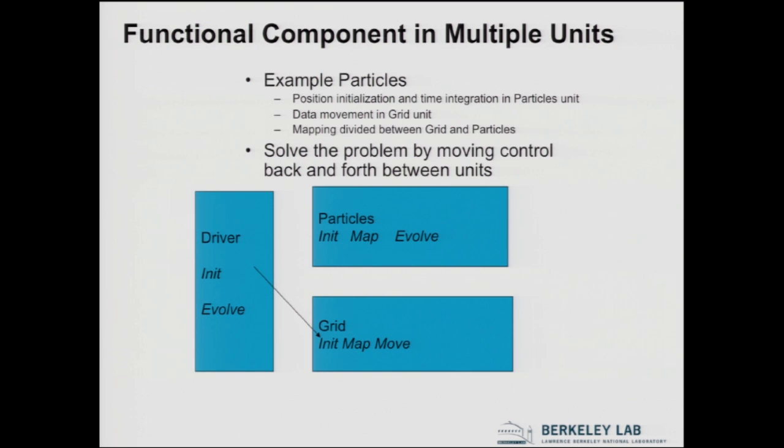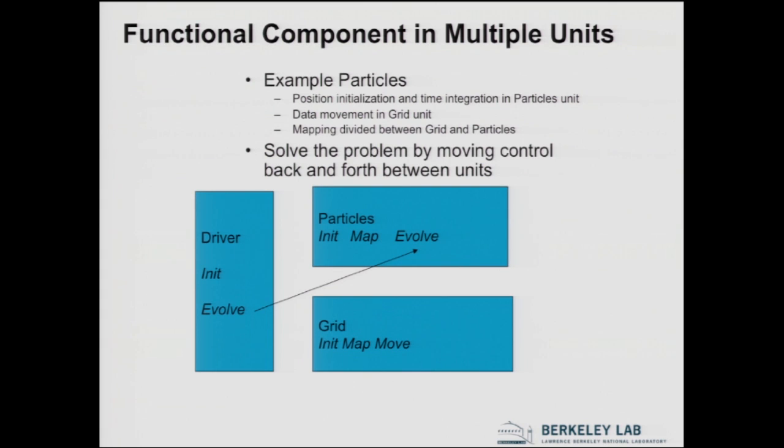Once that is done, the driver moves from initialization to the evolve state, and it calls particles evolve, which is where the time integration is going on. But then with the time integration, the particles move off their current block, in which case, evolve first wants to update the velocities from the cell centers again to the location of the particle. So there is a map which calls the mapping function within the grid.